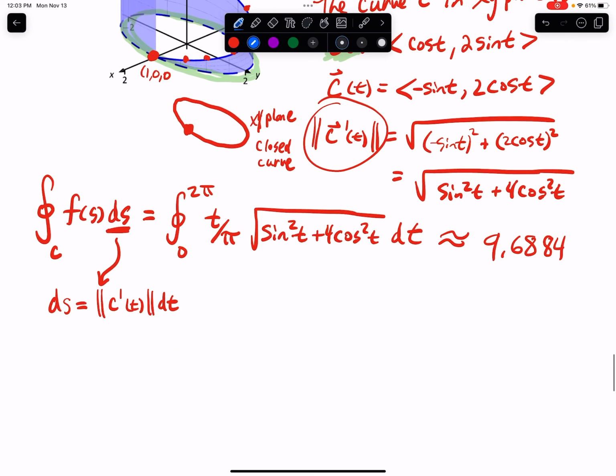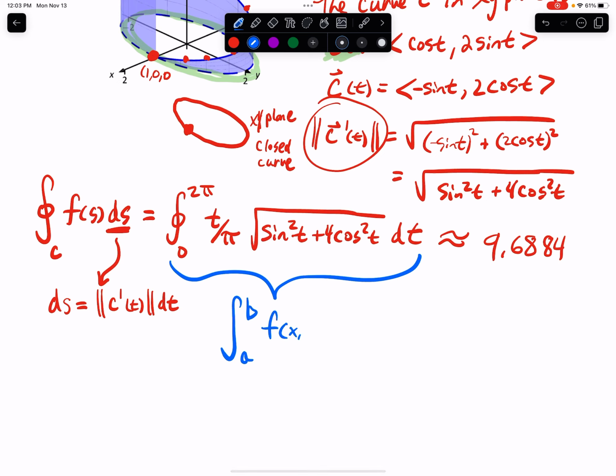Okay. So just to recap, this part right here, the integral from a to b of f of x, y times the magnitude of r prime of t dt, where this x is x of t and that y is y of t.